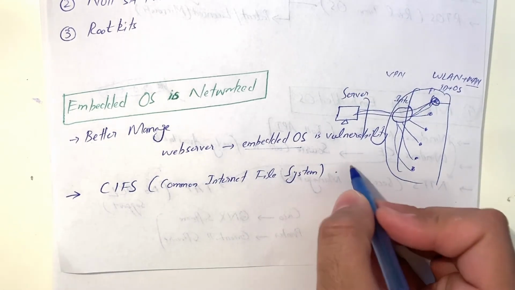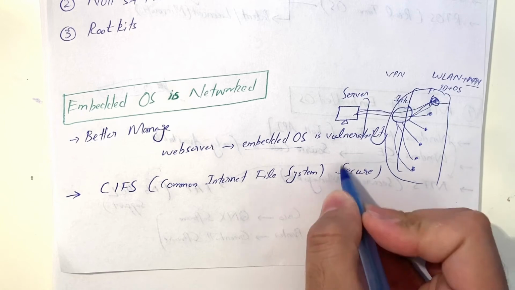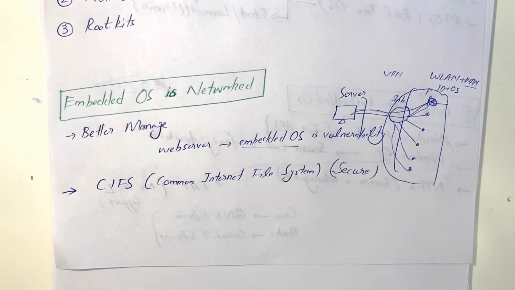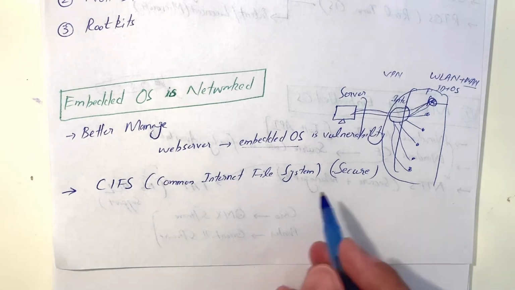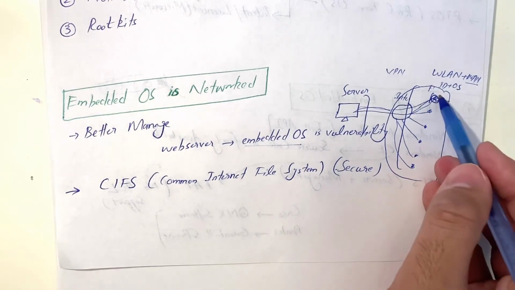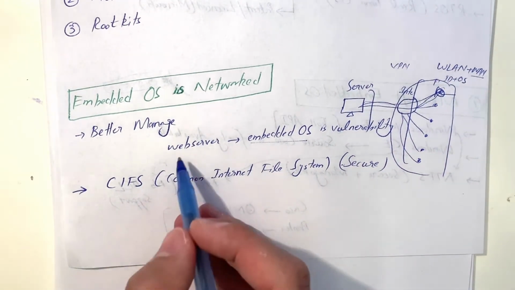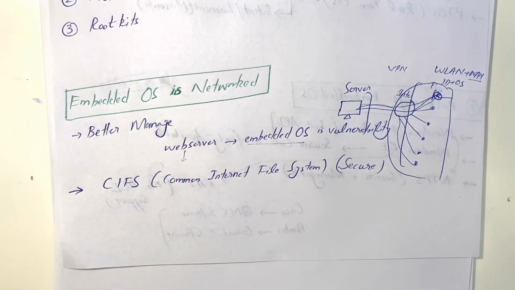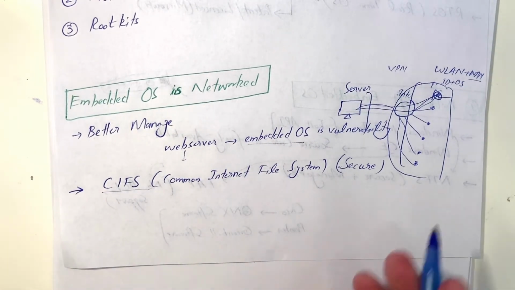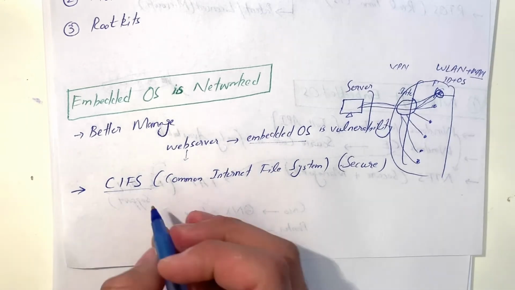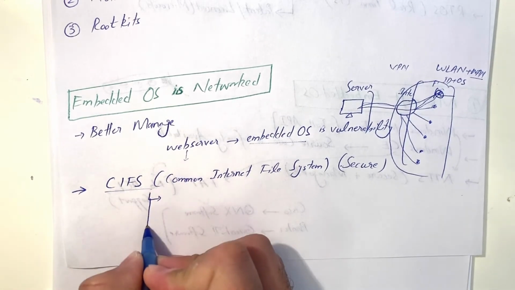It is of course much more secure compared to file sharing, NetBIOS and file sharing. It avoids unauthorized access as well. Even if a web service is running, if you use this file system, it will protect against unauthorized access.